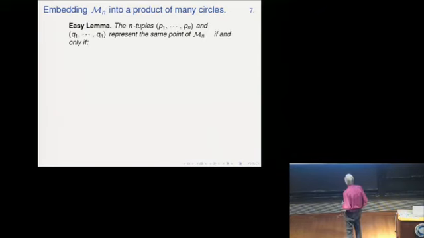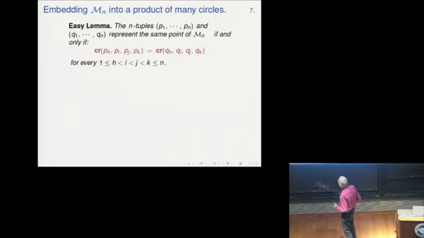Well, first of all, a simple lemma: it's easy to show that these two n-tuples represent the same point of moduli space if and only if all of these cross ratios are equal. Well, we could say all corresponding cross ratios are equal, but it's enough to consider ones where the indices i, j, k, l are in increasing order.